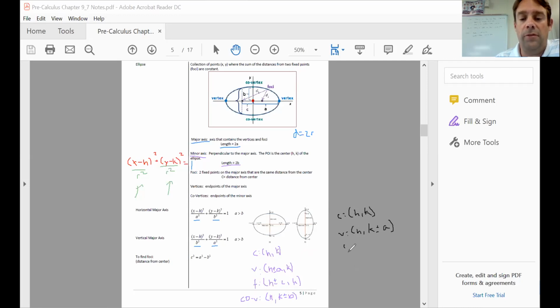For my foci, I'm going to add the C value to my K value. And then the co-vertices, that's the B value, that's what we'll add to H. So it always is going to come back to first find your center, your H and K, and then figure out what A, B, and C are.